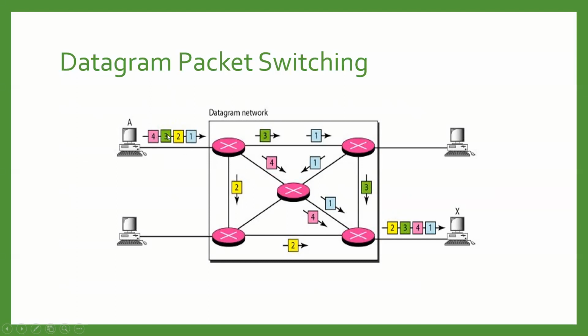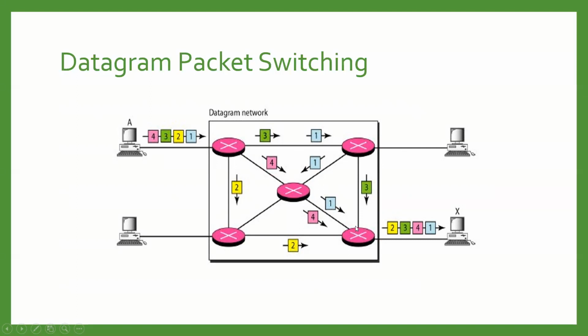Now after that, the third datagram will come. The third is again going by this route, and the fourth one has taken this route. Now what is happening after this? The first is received by this node. Now it has decided to transfer this datagram by using this link, not this link. And whenever it receives the third one, it has decided to transmit by this route.